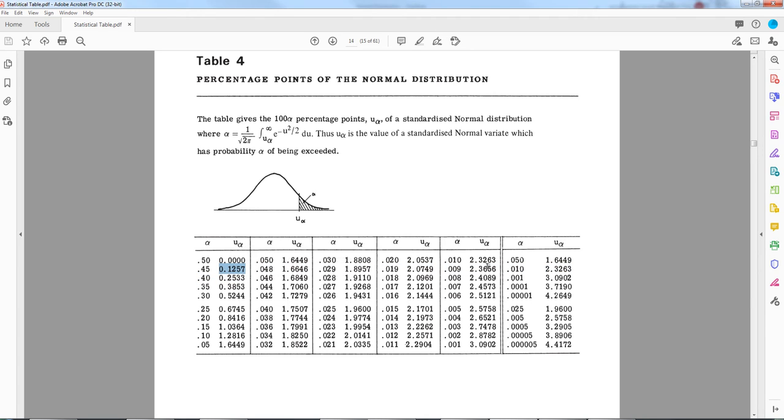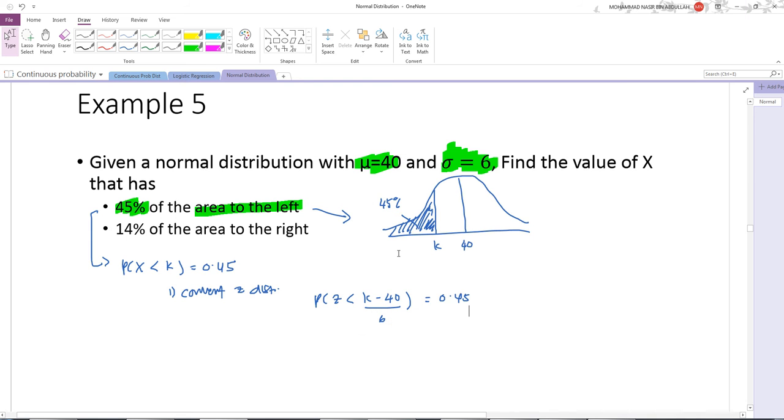So mu alpha should be 0.1257. 0.45 is our alpha and mu alpha is our k kan. So 0.45, the mu alpha should be 0.1257. So k here, if we convert to a standard normal distribution, k over here should be negative 0.1257.